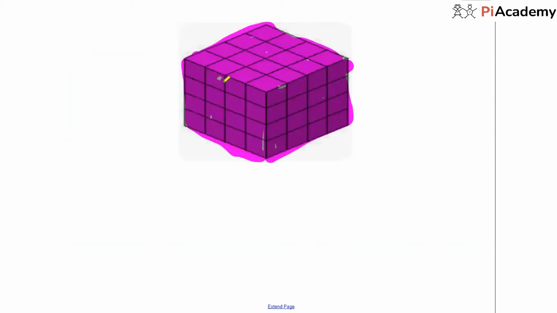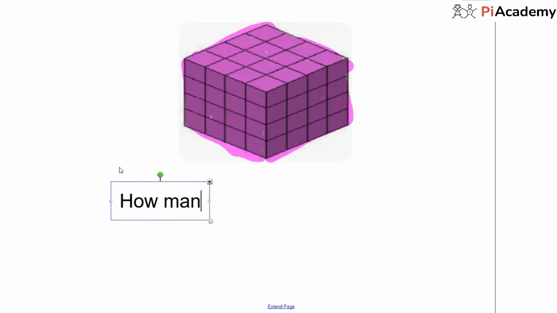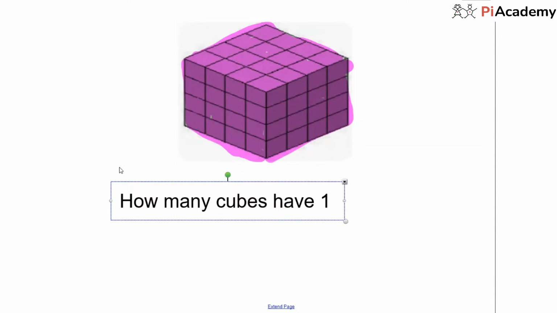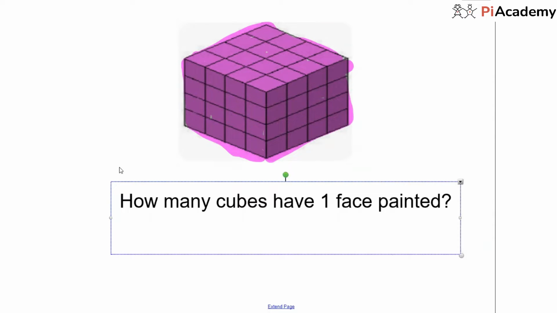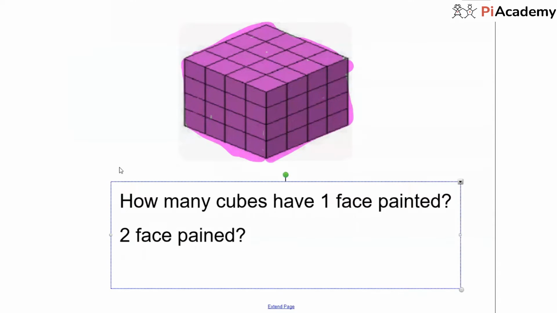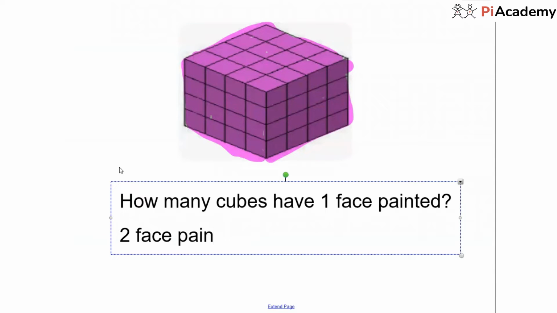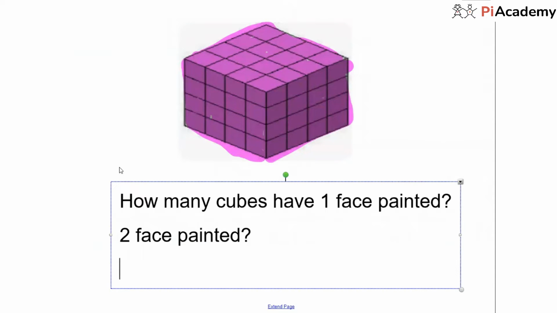Now the question is, how many cubes will have one face painted? That's one question. The next question is, how many cubes will have two faces painted? And the next is three faces painted.